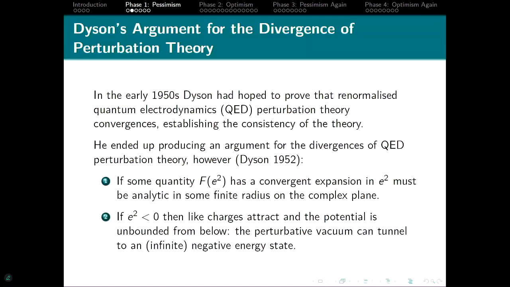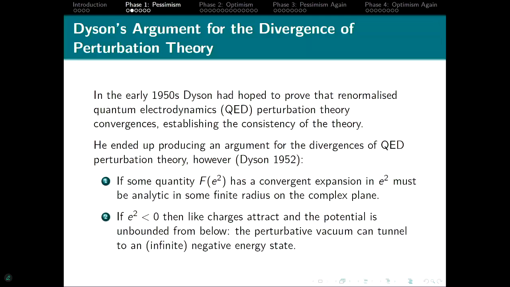But he ended up publishing an argument in the opposite direction in 1952, and this basically led him to abandon quantum field theory and high-energy physics shortly afterwards. His argument is kind of interesting. It has a not fully rigorous, qualitative character to it, but some of his ideas end up getting taken up later on, so it's interesting to talk about it briefly.